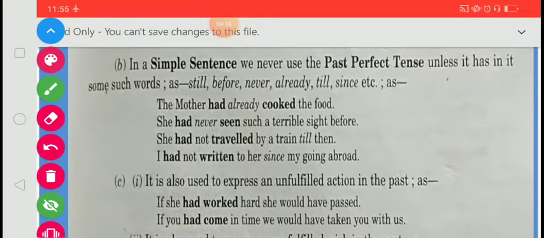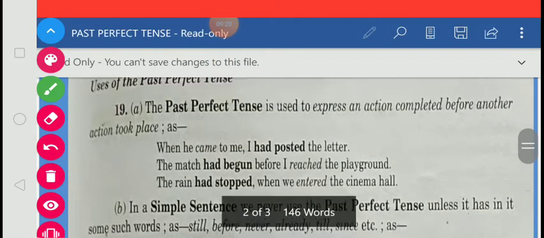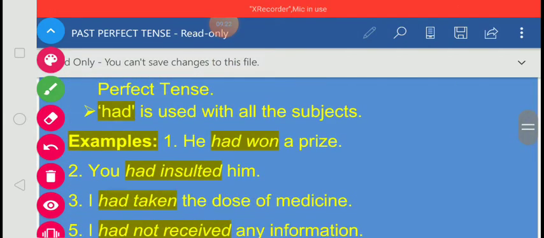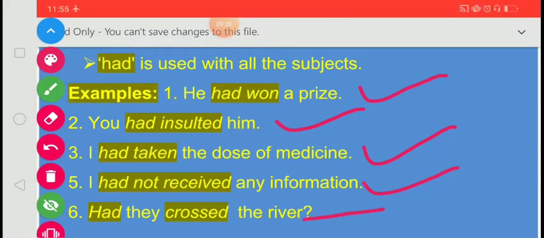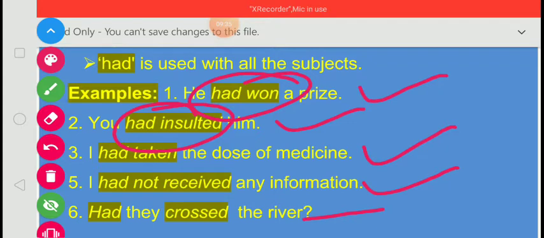Okay students, let me show you the examples which we discussed in the beginning. These examples are only for introduction. We never use past perfect tense this way, but only in order to introduce you to the helping verb and the form of verb.